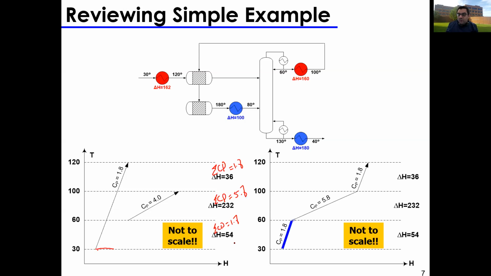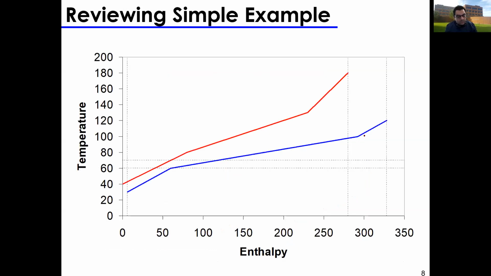Okay, and once I have my hot composite and my cold composite, I'm going to overlay both of them onto one figure. So this is my hot composite, this is my cold composite. And then I'm going to basically shift the cold composite until the minimum distance between these two lines is equal to delta T minimum.